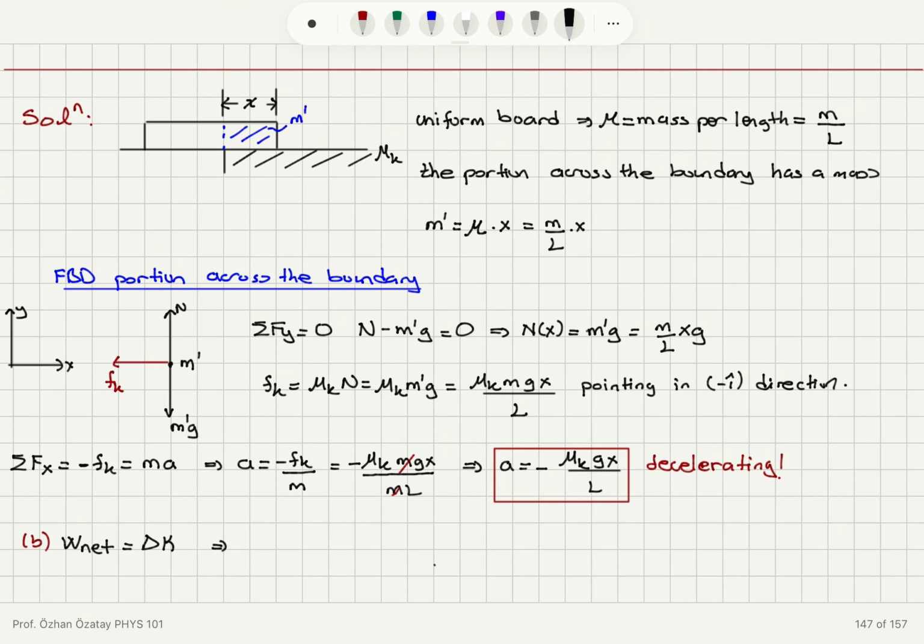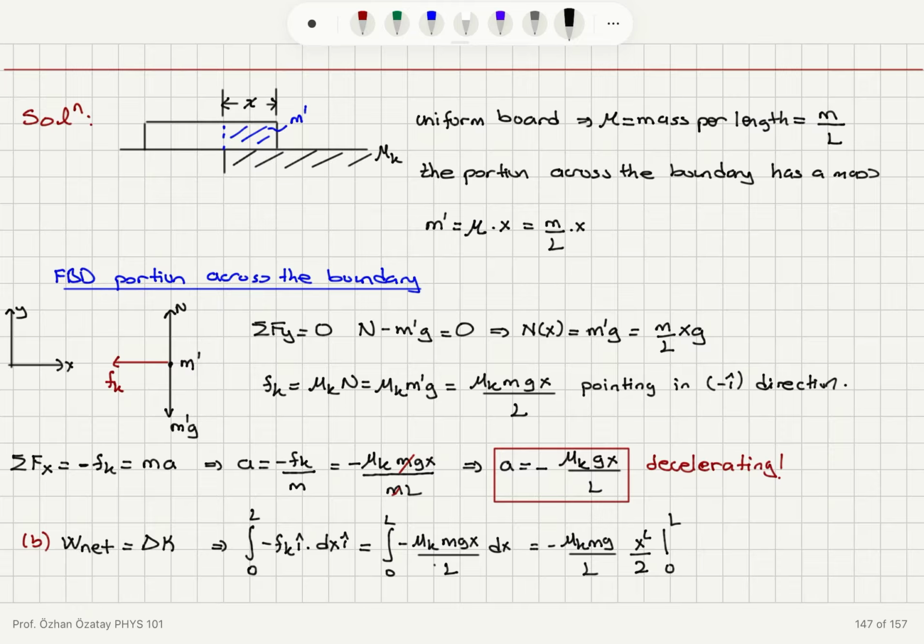The net force acting on the system is minus Fk, so it's the integral. x goes from 0 to L, minus Fk i hat dot dx i hat, which is the integral from 0 to L of minus mu k m g x over L dx, which is minus mu k m g divided by L. The integral of x dx is x squared over 2.